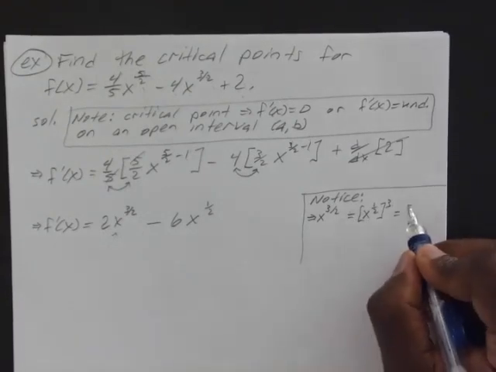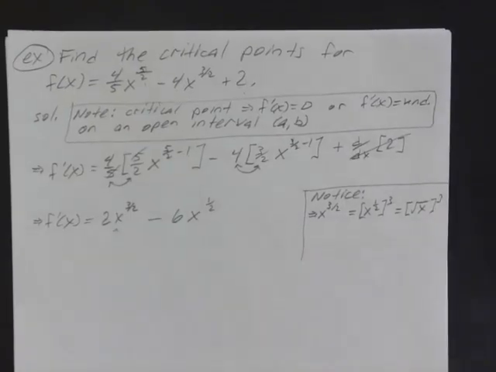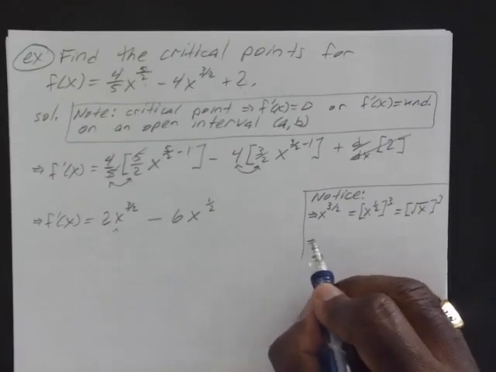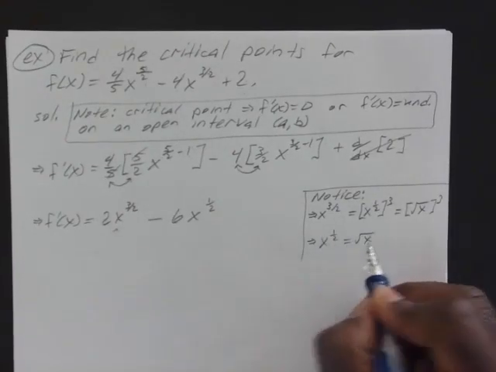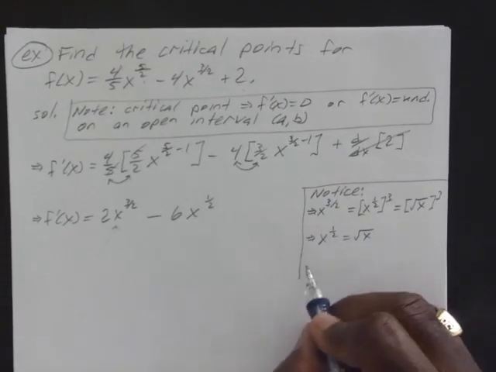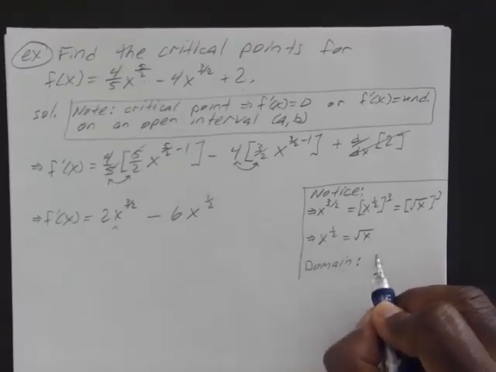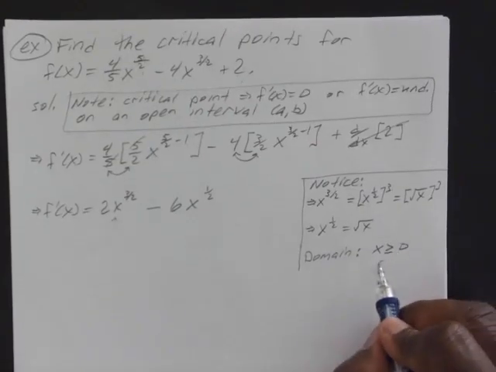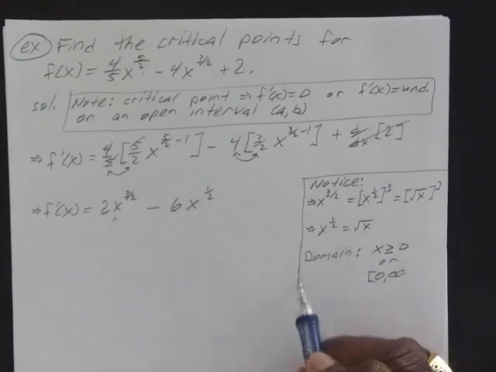So that just means you have the square root of x to the third power. Same thing here. That x to the 1/2, that's just the square root of x. So we know for both of these, they have a domain where x can be greater than or equal to 0. Or you can write that as 0 to infinity.